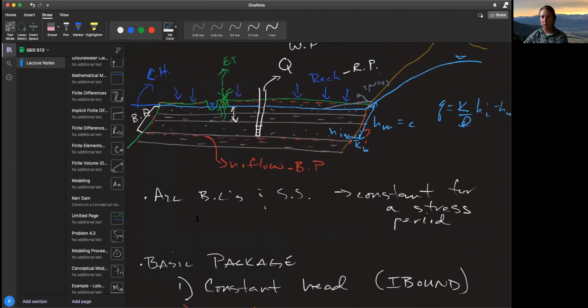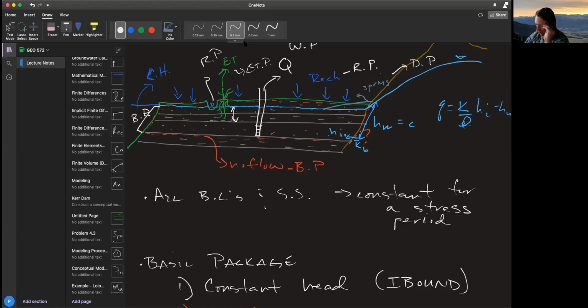Here you can see that we were able to do most of this reasonably complicated and standard groundwater flow problem with these packages. For the river we use the river package, for the spring we could use the drain package, and here we have the ET package.